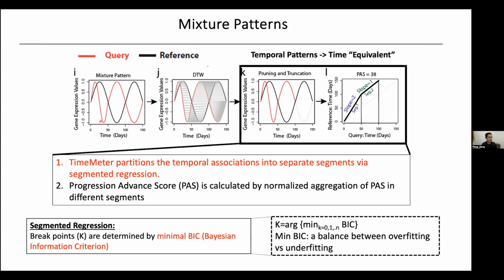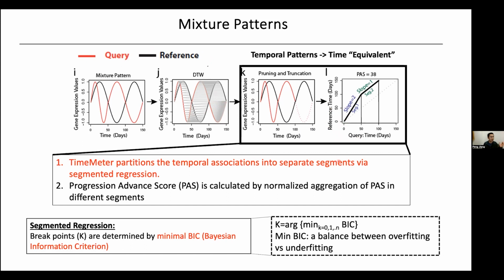And how does Tempo Meter deal with a mixture pattern? Basically, after dynamic time warping, trimming and so on, the data is projected into time-to-time space, and the different speeds and shifts are characterized by different segments.